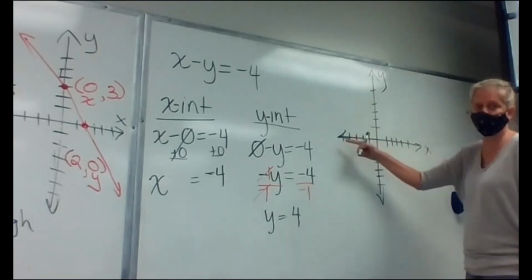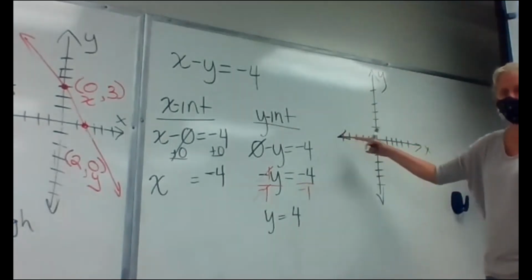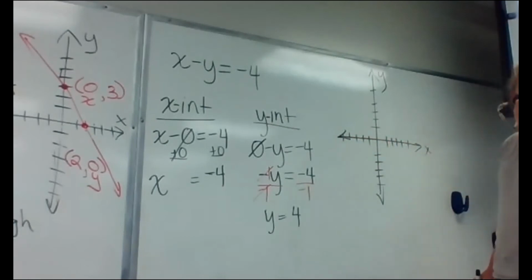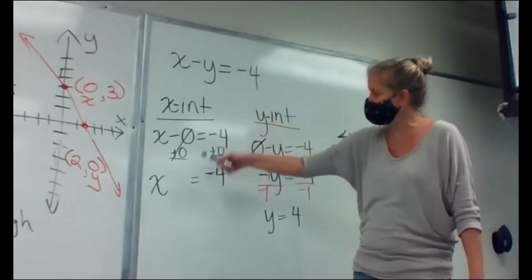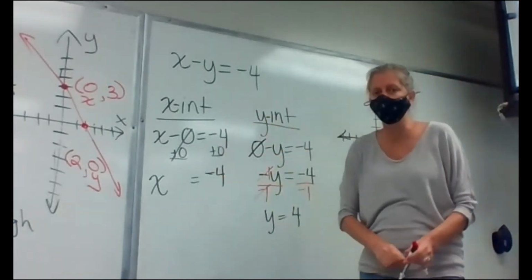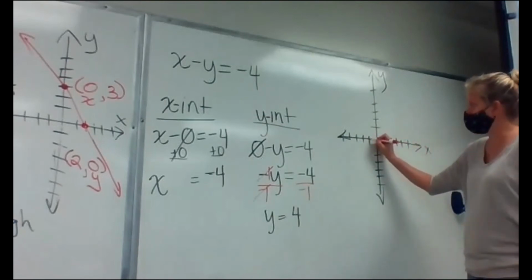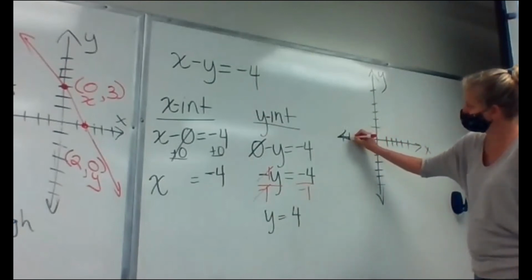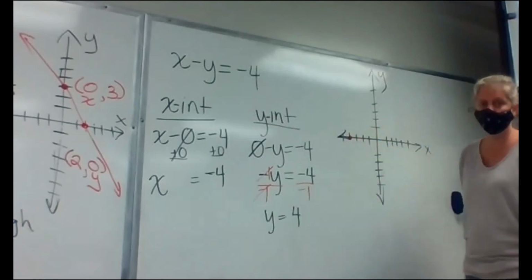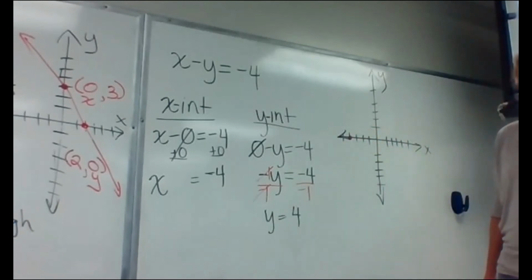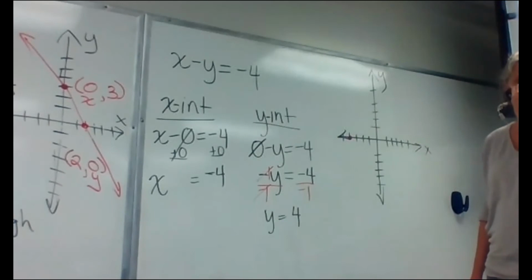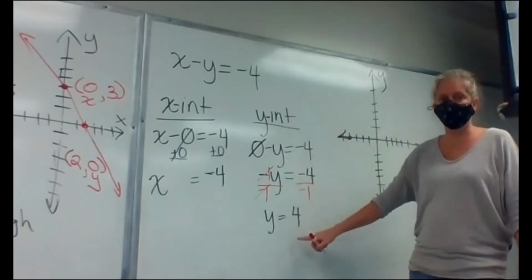So here's my x-axis. What does it say my x-intercept is? Where is it going to cross the x-axis? The x-intercept is going to cross the x-axis at -4. Here's my x-axis. I go find the -4 and put a point on it. Then I go and find my y-intercept.